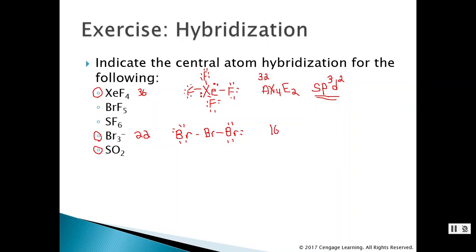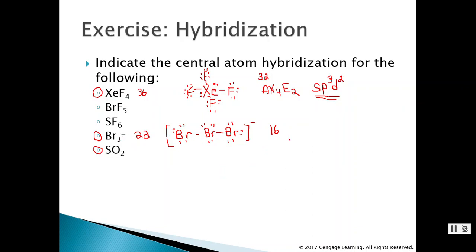I've used 16 of my 22 valence electrons. So I've got 6 more electrons, 3 lone pairs that are going to be placed on that central bromine. 18, 19, 20, 21, 22. I've now used all 22 of my 22 valence electrons. I need to put that in brackets with the negative charge since it's an anion.